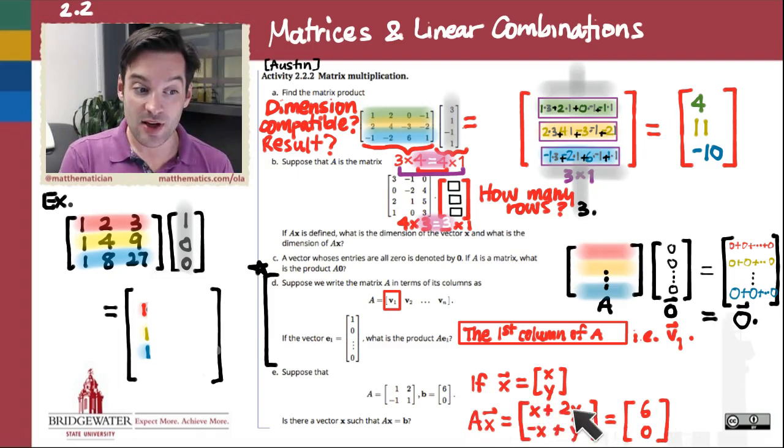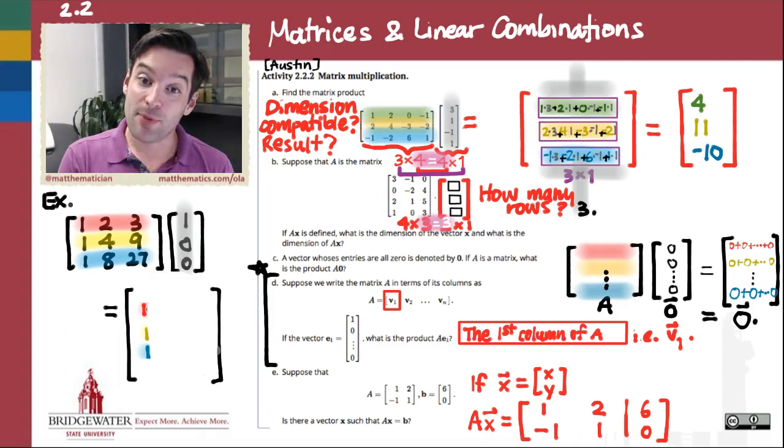Because this is an equation of two vectors, the components of those vectors must be equal to one another. That's a system of two linear equations in two unknowns, for which all I need to do is make my augmented matrix and perform row reduction.